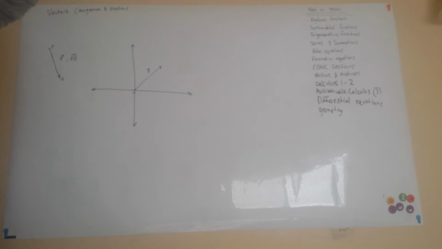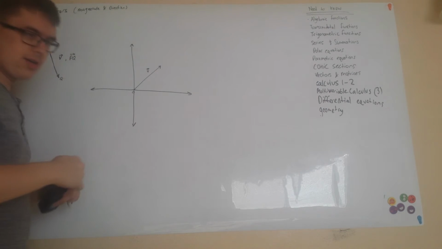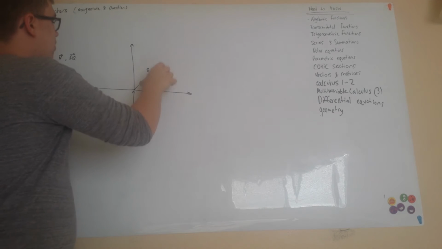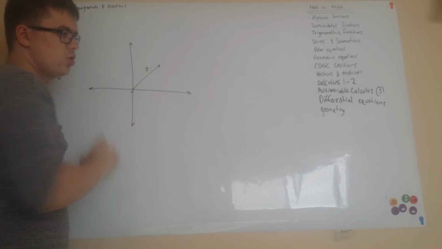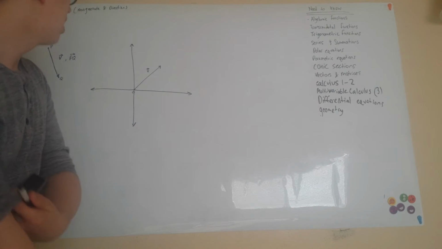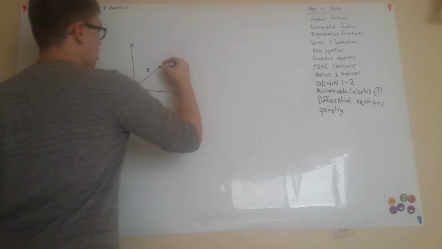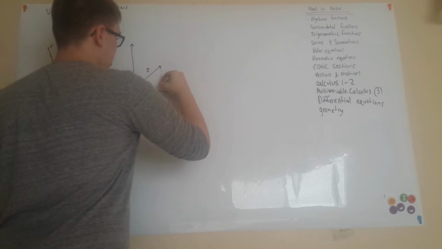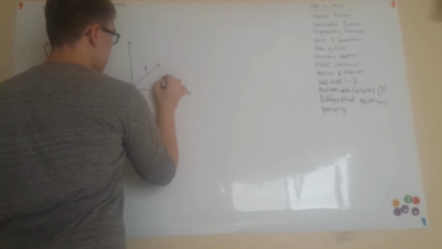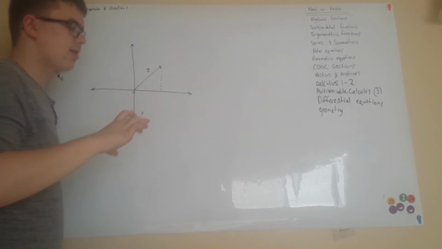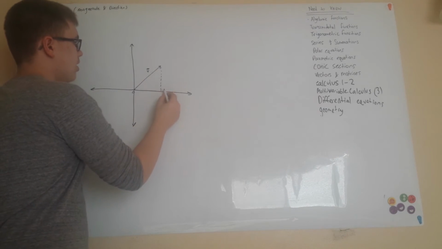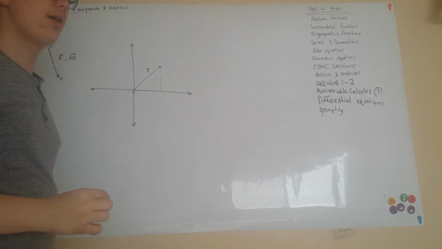So if the vector's initial point is at the origin, then we can describe it numerically as, this right here, this distance is just the y value, right?